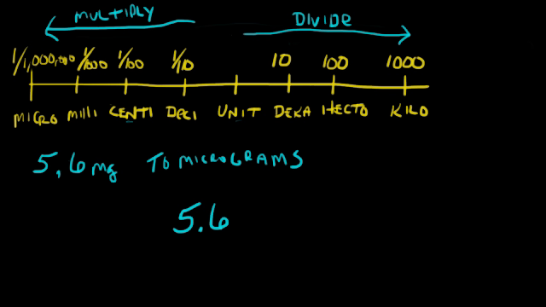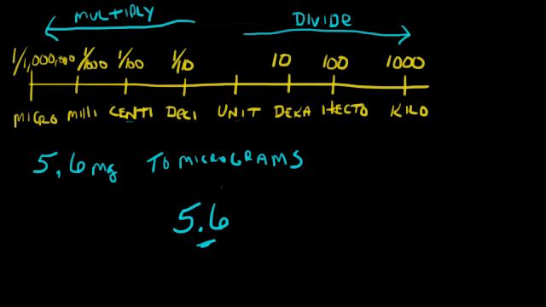And knowing which direction I'm going on the number line, I'm going to multiply, so my number, this 5.6, is actually going to be a larger number. Once you add the units of micrograms, it will actually end up being smaller, and I'll show you what I mean here in just a minute.